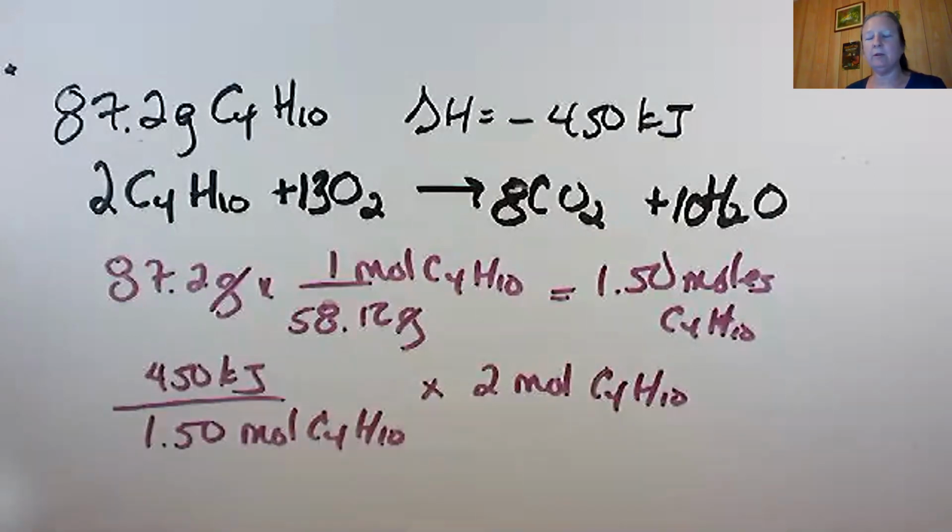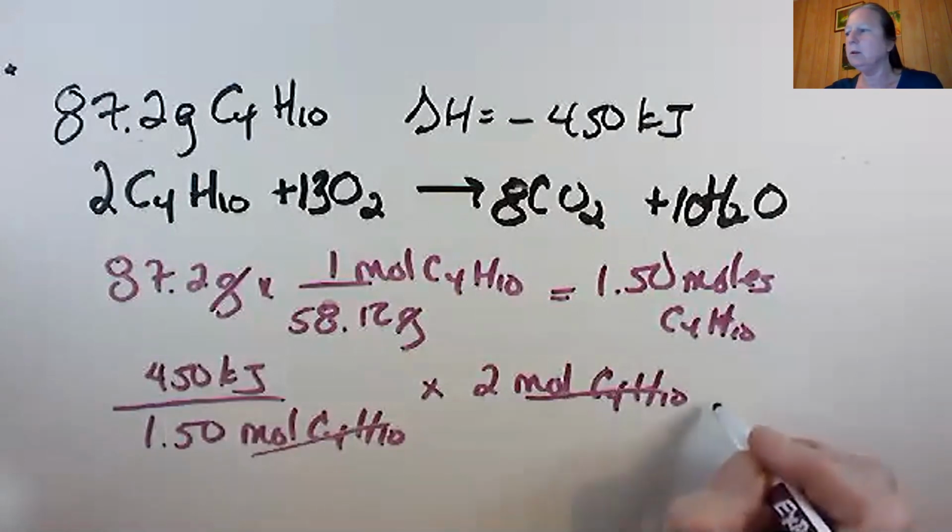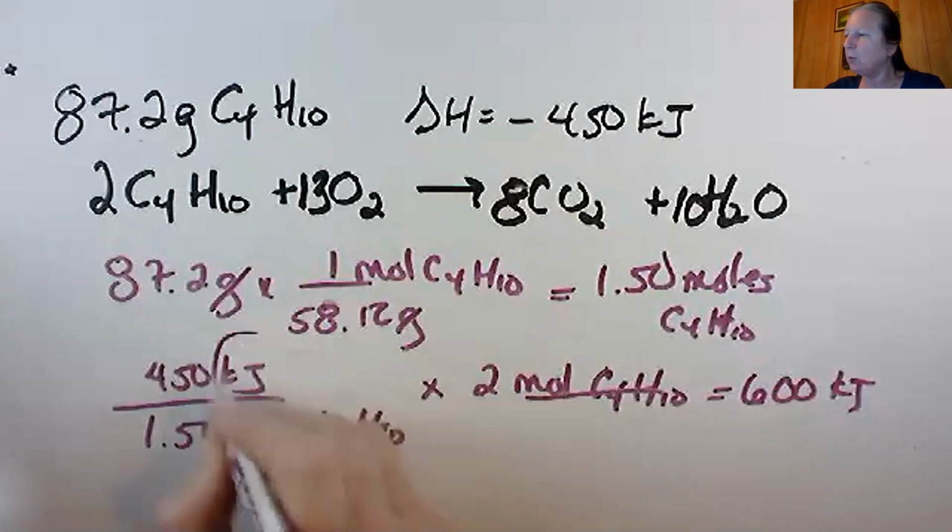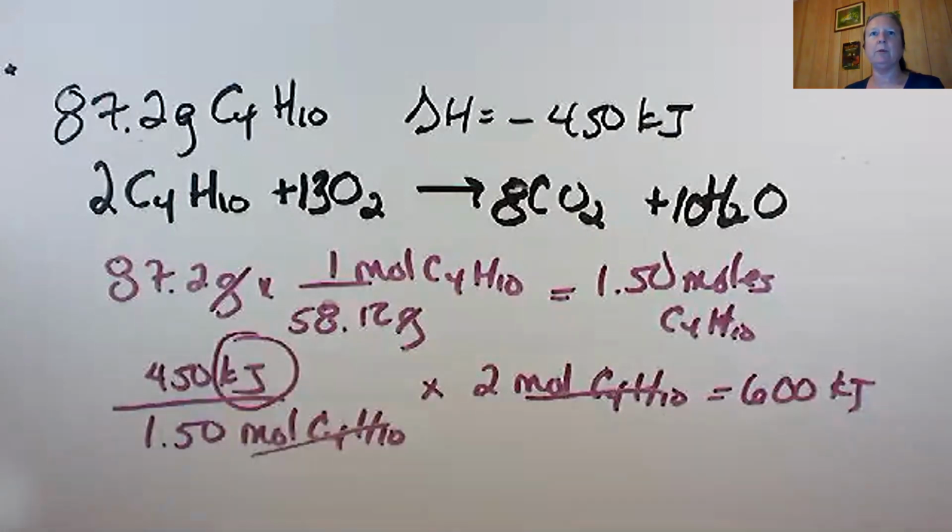So again, we're going to cancel out units. My moles of hydrocarbon will cancel out. 2 times 450 divided by 1.5 will give you 600 kilojoules, because that's the unit we're talking about, energy. That's the unit we want to keep.